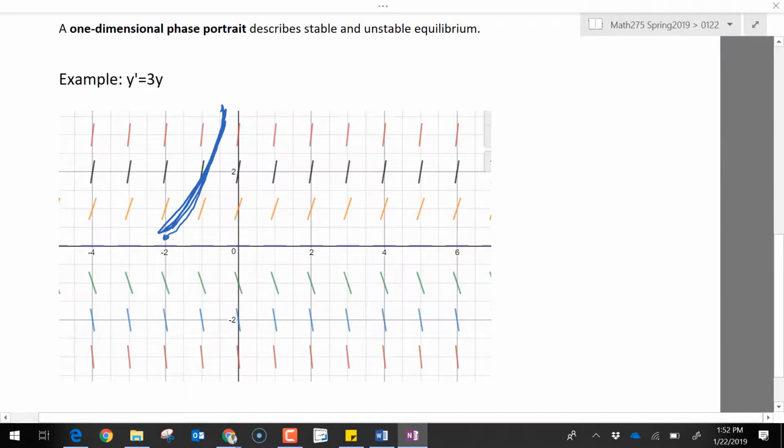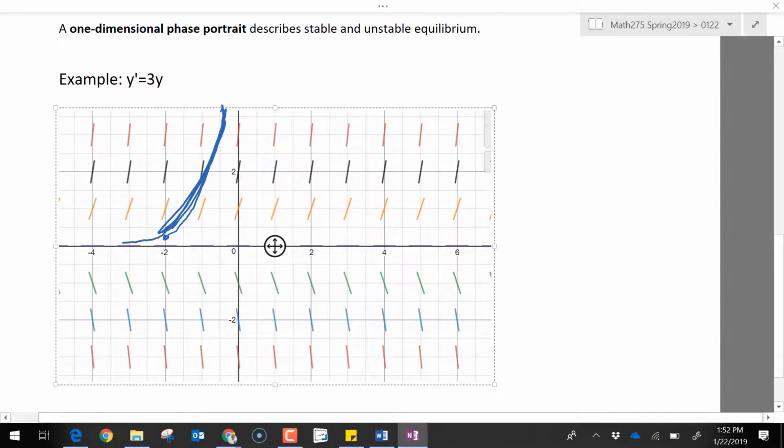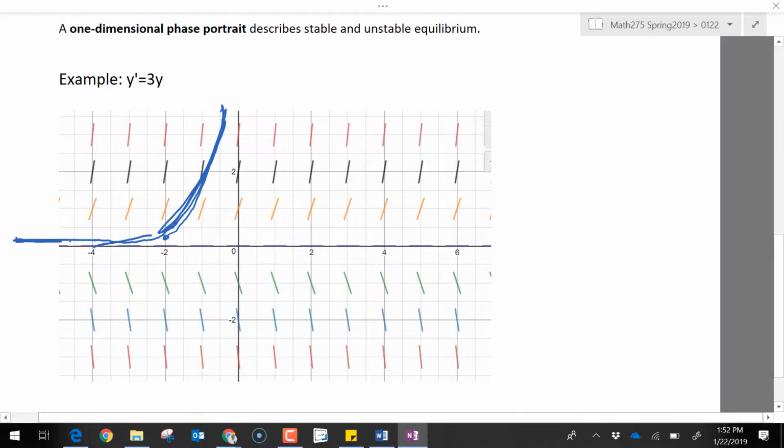But then if you go on the negative side, it looks like it's going to approach, it's not going to touch the graph, but it's going to approach the graph, right? And then if you're further along over here, kind of the same thing is going to happen.